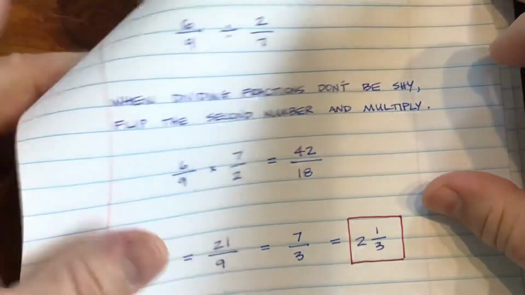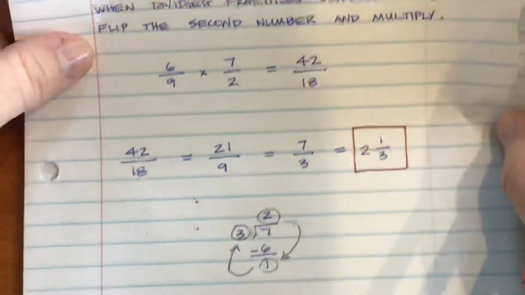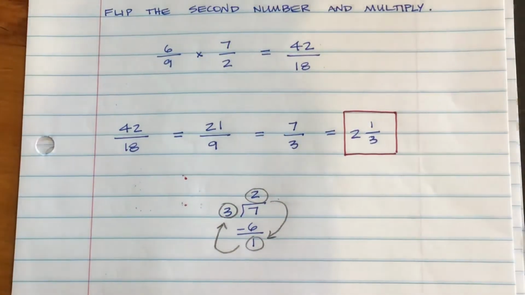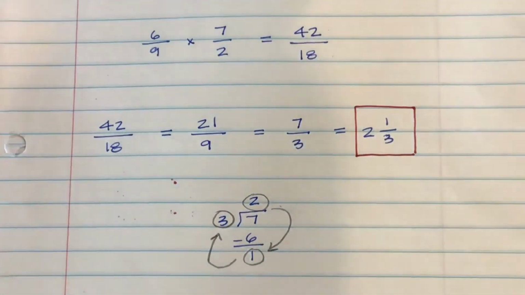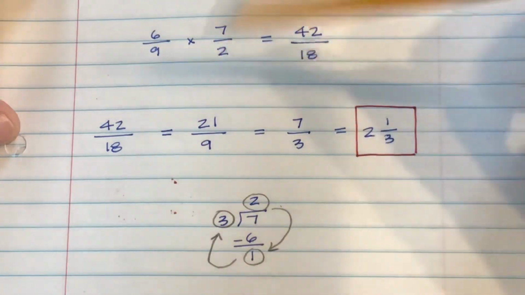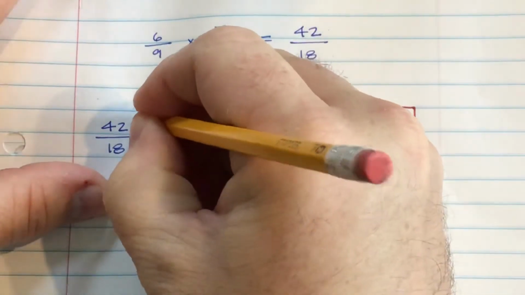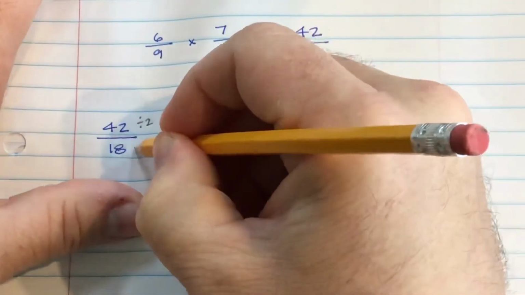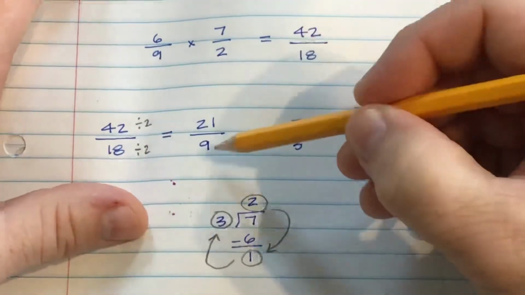Now we're back to where we need to simplify. So I'm going to try and simplify this. I notice right away that 42 and 18 are both even numbers. So what that means is they can be divided by 2. So 42 divided by 2 is 21. 18 divided by 2 is 9.